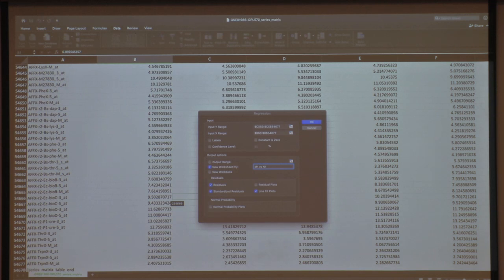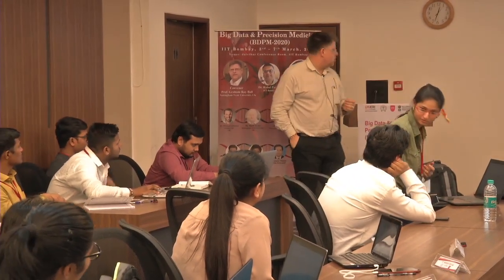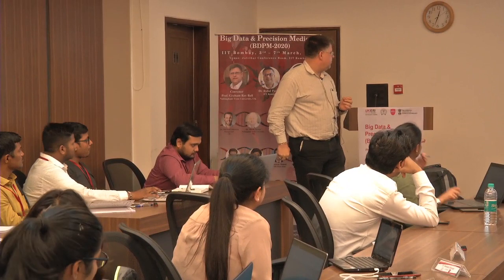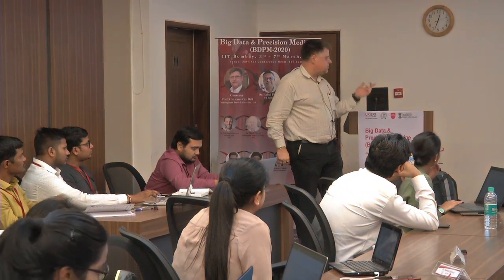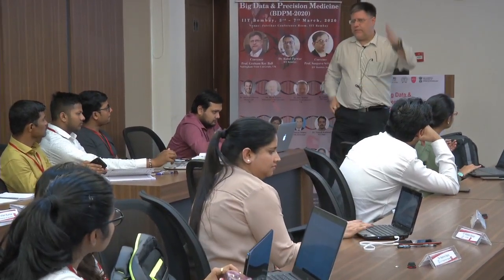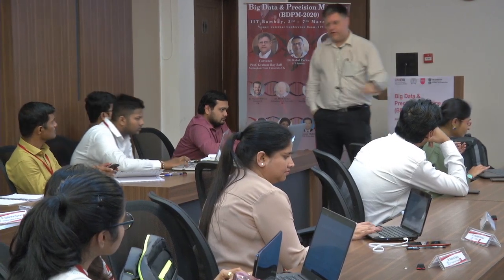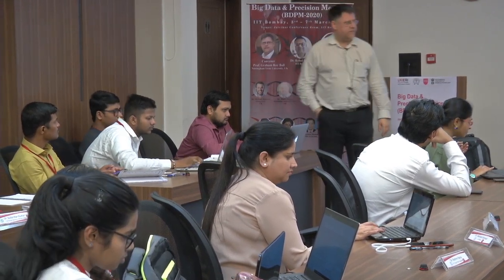So just to recap, we're putting the metastasis on the Y-axis, the non-metastasis on the X-axis, and then we're putting the results into a new worksheet called M1VN1. We're selecting residuals, standard residuals, and a line fit plot. So that's going to do a regression where we regress the first metastasis case against the first non-metastasis case.